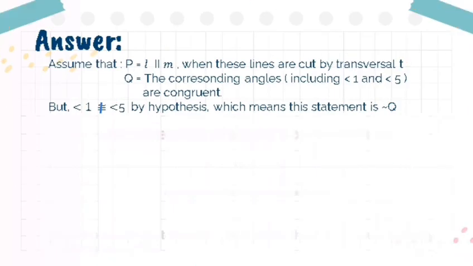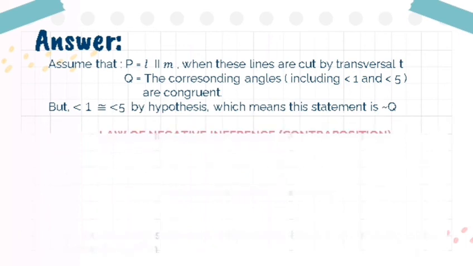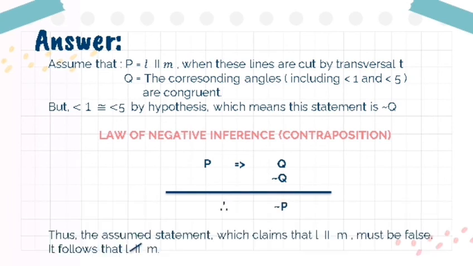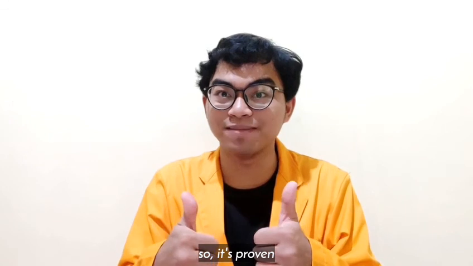But here's the thing, angle 1 is not congruent to angle 5 by hypothesis, which means this statement is the negation of Q. So using the law of negative inference or contraposition, we have if P then Q and not Q, so the conclusion is not P. Thus, the assumed statement which claims that line L is parallel to line M must be false. It follows that line L is not parallel to line M. So, it's proven.